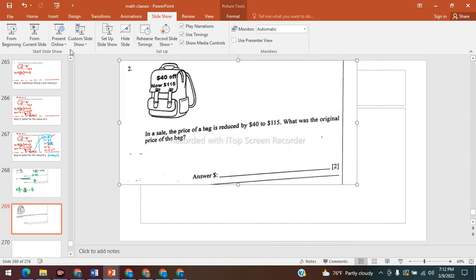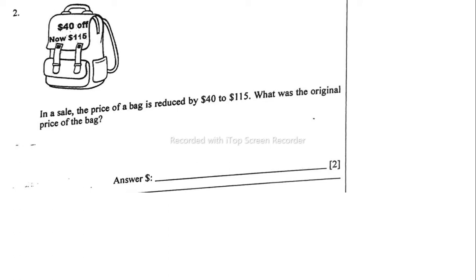So the question says the following. You have a bag, and apparently this bag is 40% off. That's a big sale. 40% off, that's huge.